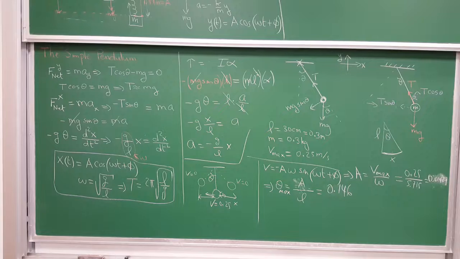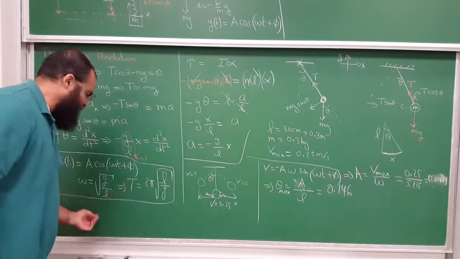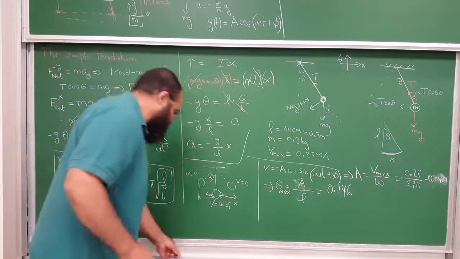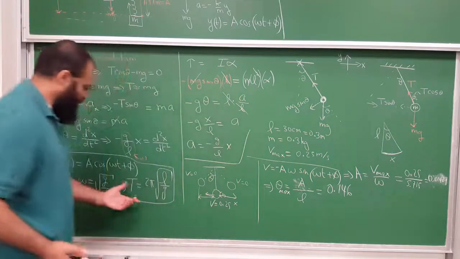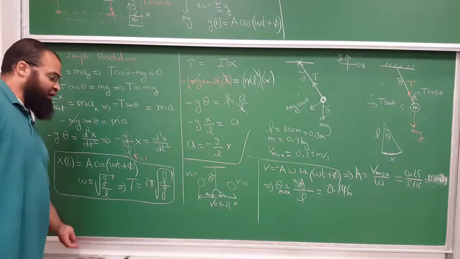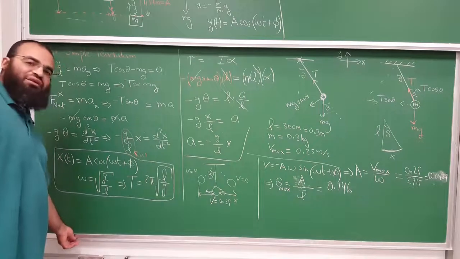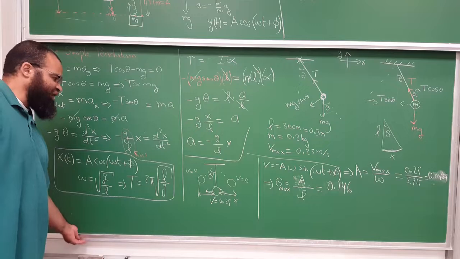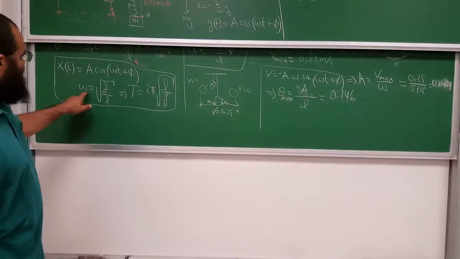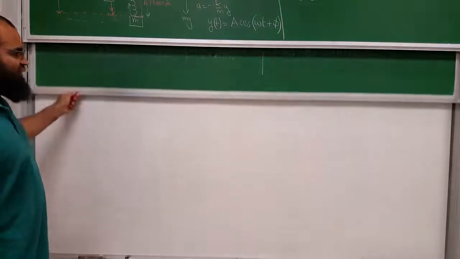When I first learned about this formula here, I thought our teacher said, oh, you can use it to figure out the acceleration due to gravity, and I did it, and I was really surprised how close to 9.8 I got. So it says here, omega is the square root of g over L. Let me just show you.